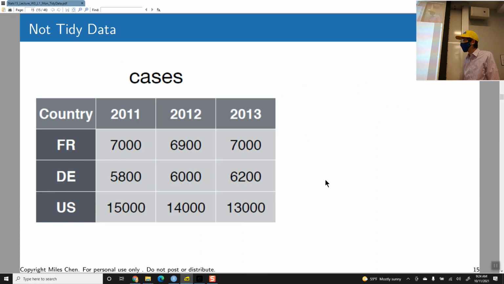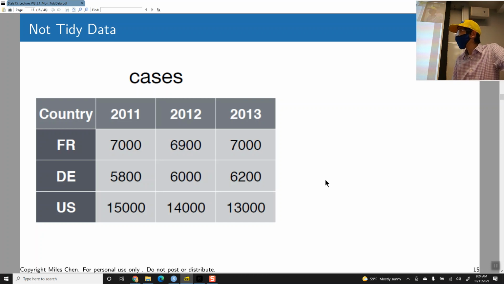This is an example of some data that I would argue is not tidy. You can argue that a lot of data sets are tidy in different forms, as long as each cell has one number and each row represents a different thing. But what are the variables represented here?